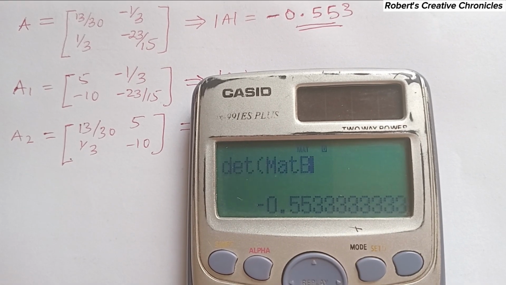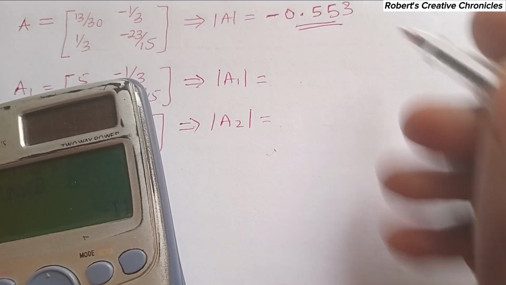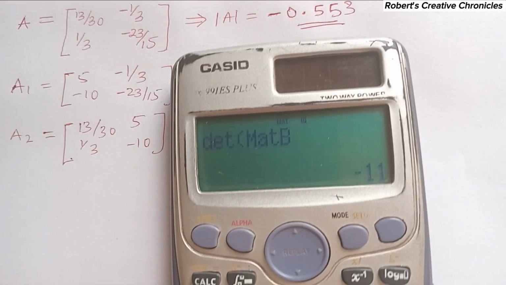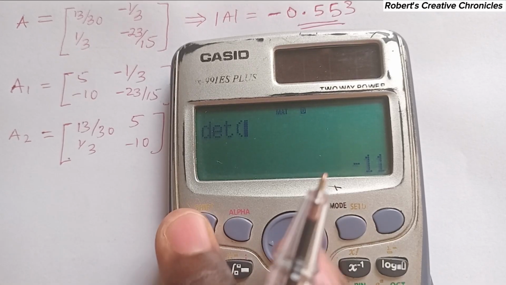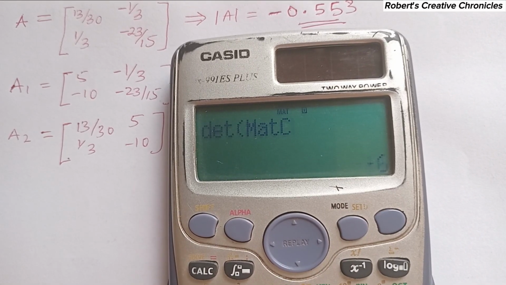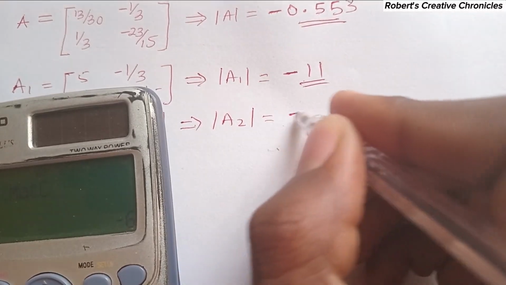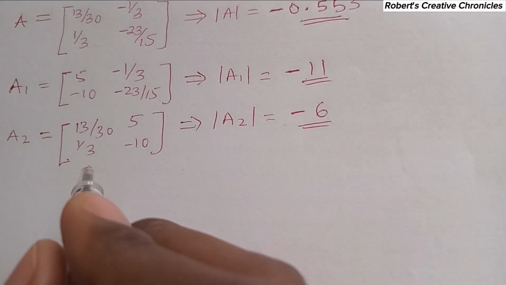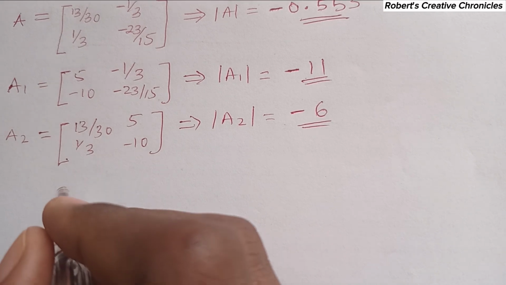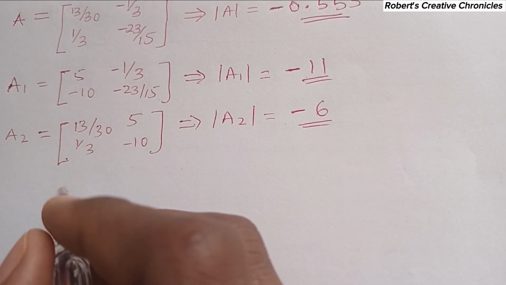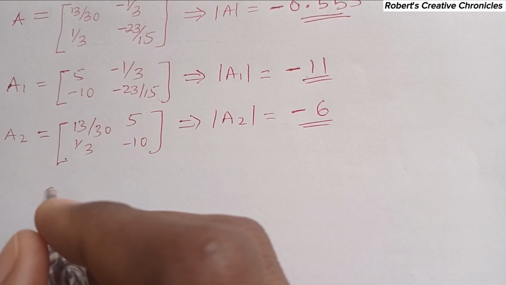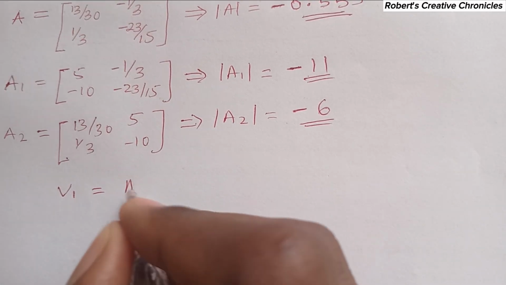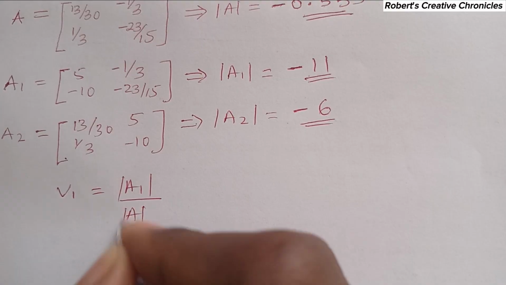Then mat B, minus 11. Then the third one, C, negative 6. So now, to find V1, V1 is now this over this.